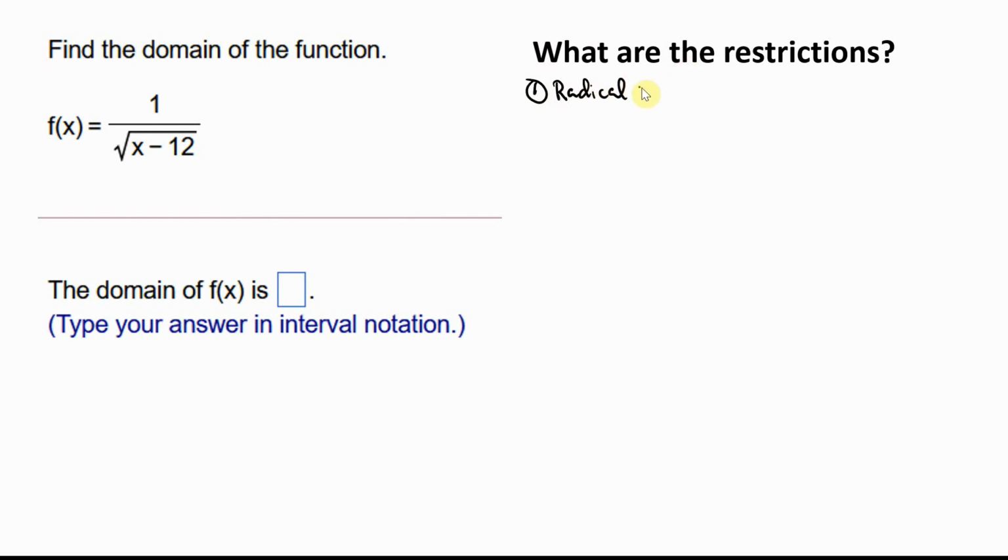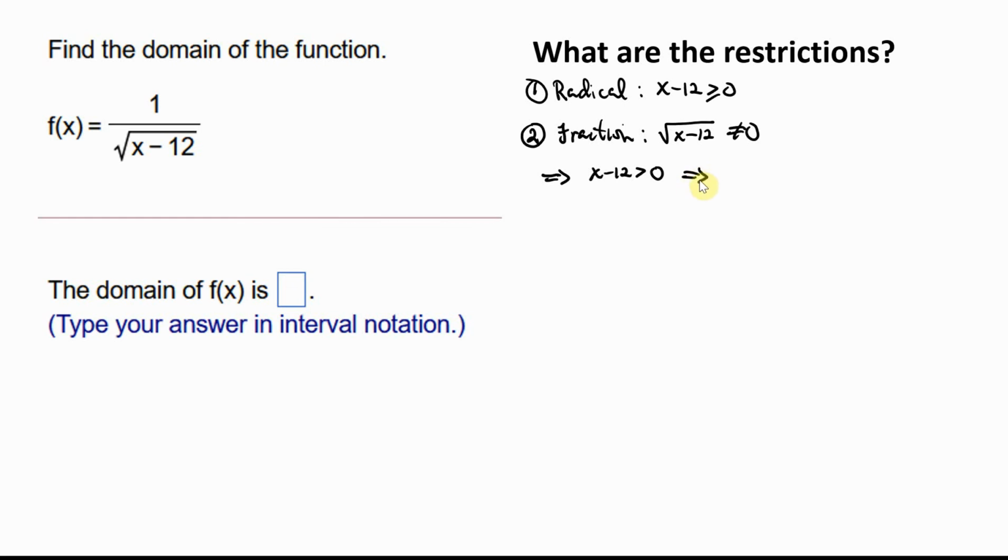So the first is that it's a radical, so we know that x minus 12 has to be greater than or equal to 0. But the other thing is that it's a fraction, which implies that the denominator cannot equal 0. Putting 1 and 2 together, that implies that x minus 12 has to be greater than 0 and not equal to. Does that make sense? So that's all we're solving for.